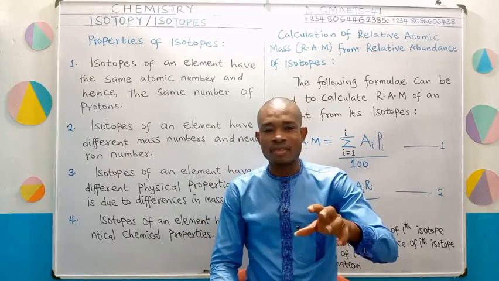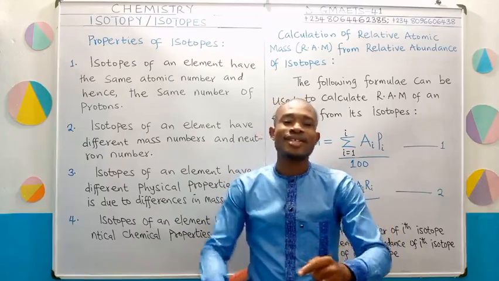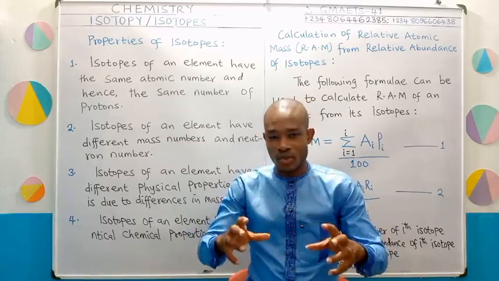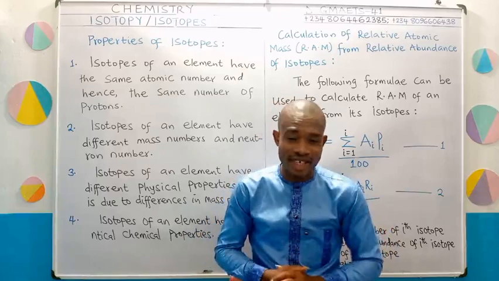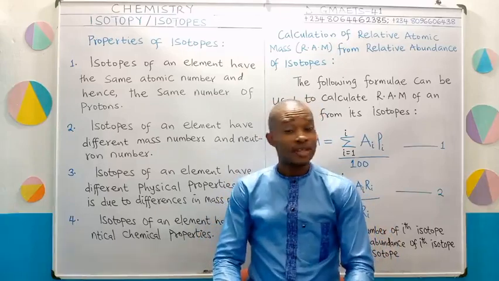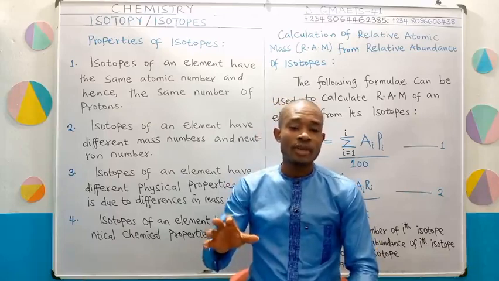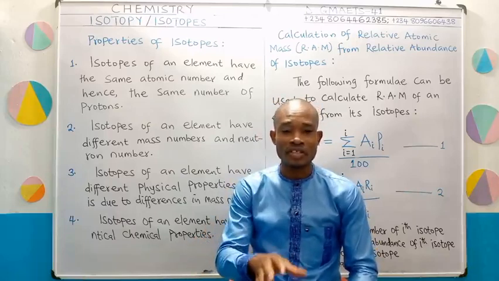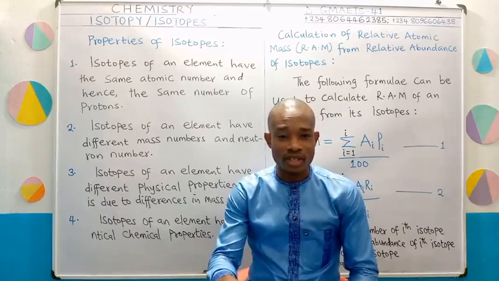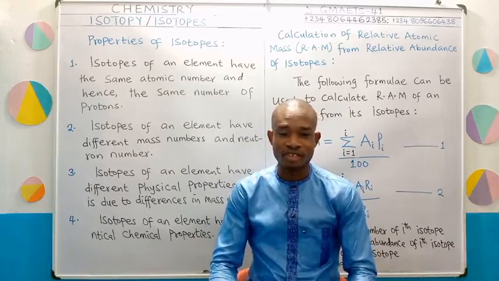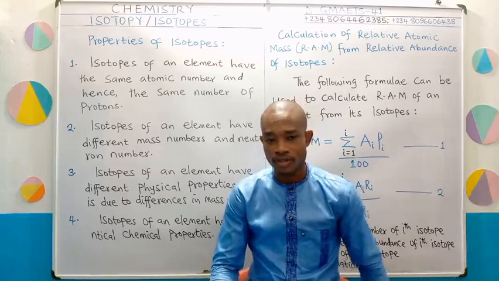So if their mass numbers are different, it simply means that isotopes will have different physical properties. So what do you think if you have the isotopes of carbon, carbon 12 and carbon 13? Are their physical properties the same? No, they have different physical properties.